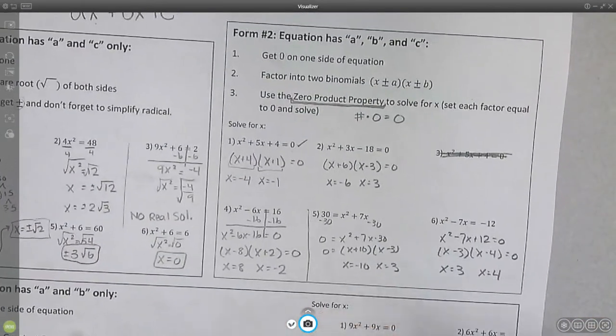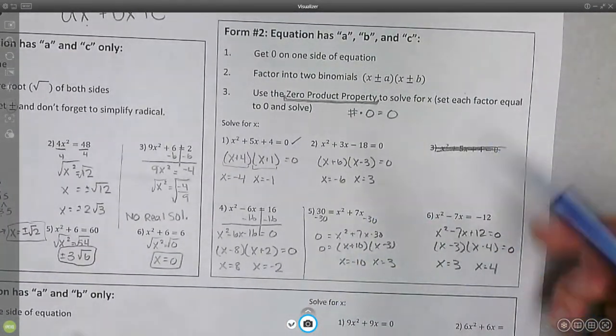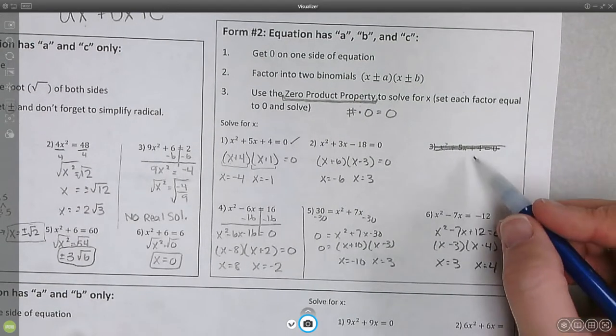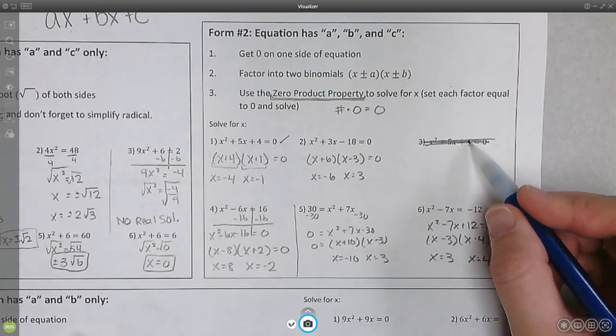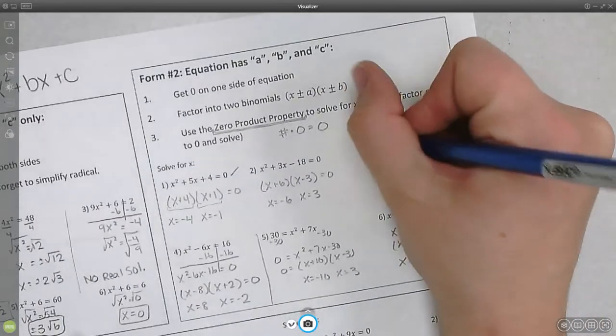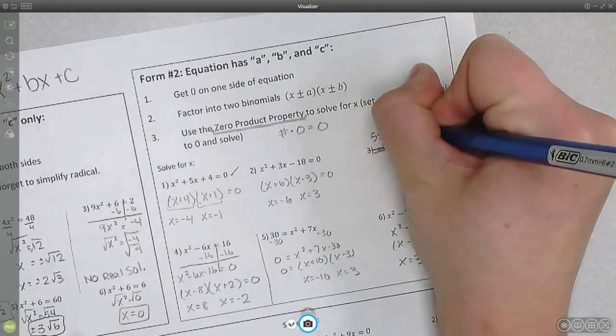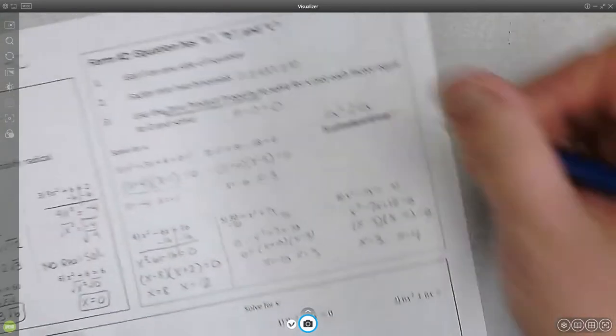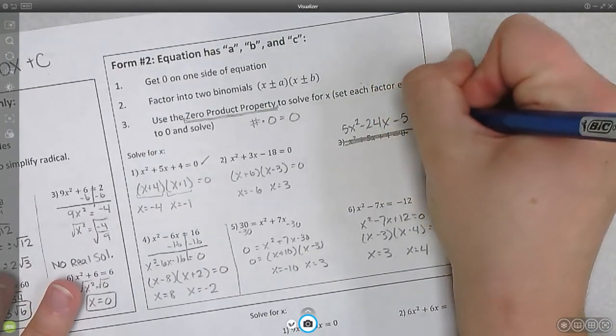So there's an example on here that's not actually written here. So I'm going to do it right here quick. And I'm actually just going to take a problem that we already did. So 5x squared minus 24x minus 5 equals 0.